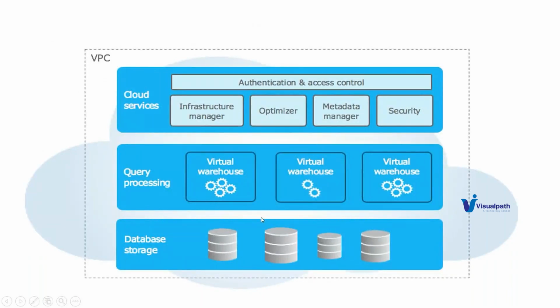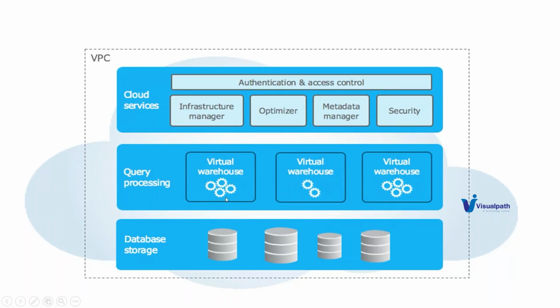So first of all, our database storage layer acts as a shared disk architecture. Here the data will be available in a disk storage, which is accessible by multiple warehouses. Let's say development team, testing team, and support team virtual warehouses are there. All these three warehouses, let's say the users are accessing the same table, like an employee table.